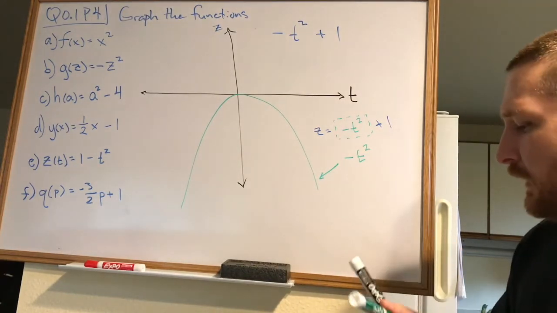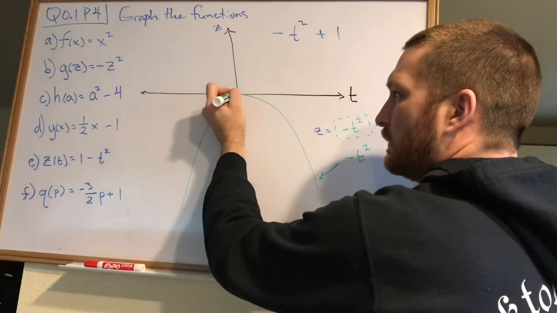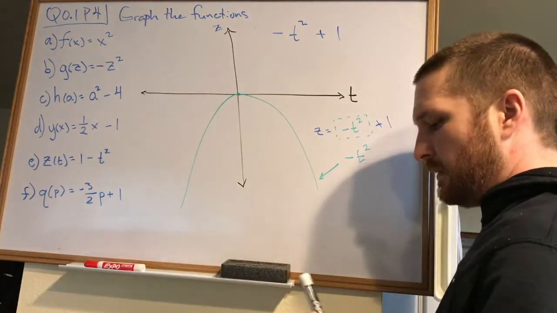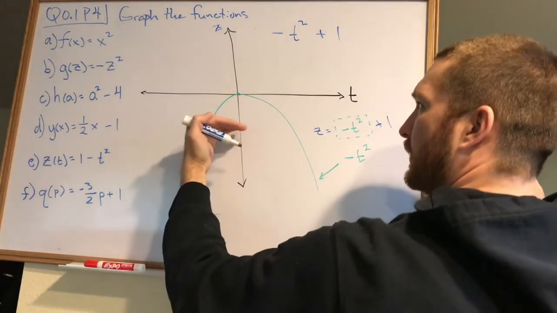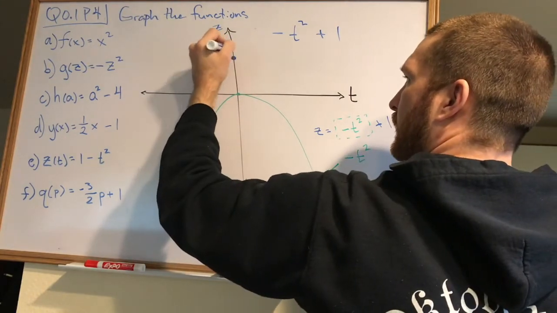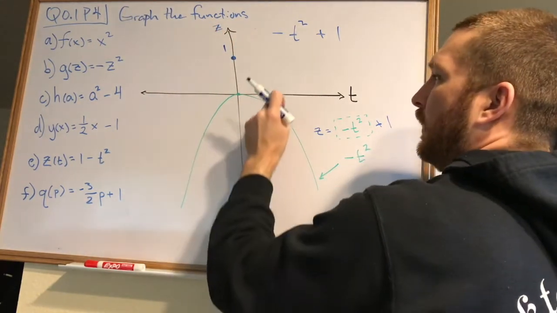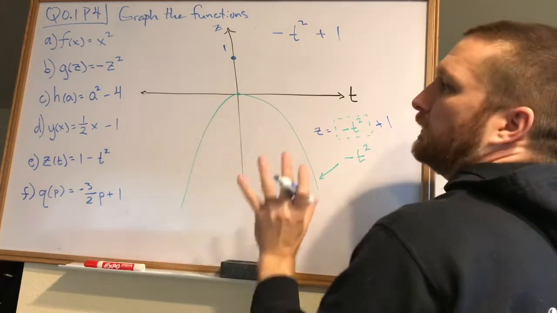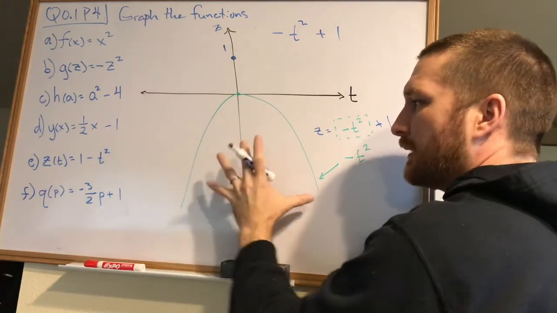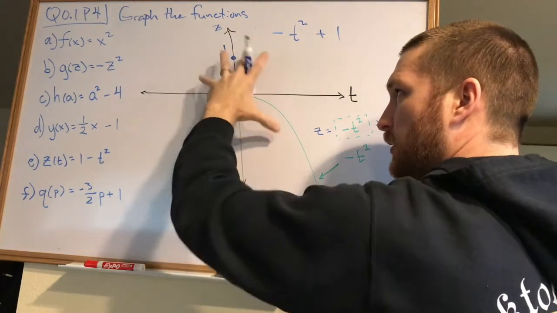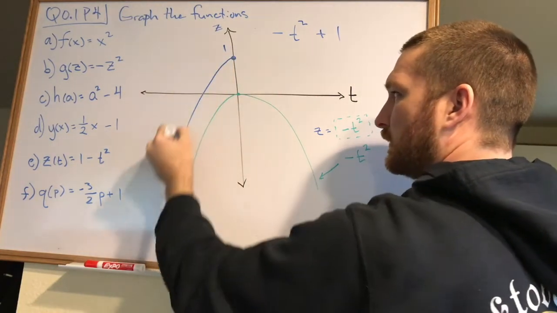Okay, well then, if we were at 0, 0, right there, then adding 1 to the z values is going to bring him up to 1, right there. I know that I'm just taking this entire shape and pushing him up like that. So it's just going to look like this.